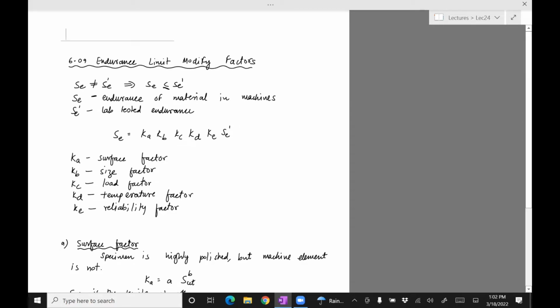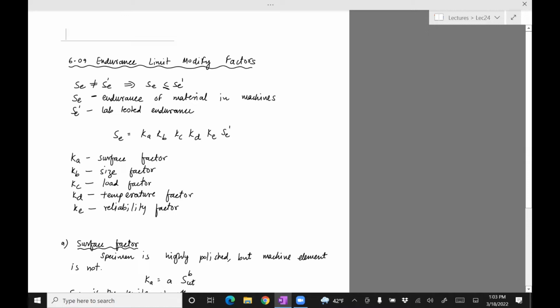I said earlier that the endurance factor Se is not the same as Se prime. Se prime is the one which you compute when you do this experiment in the lab. So it's nicely finished, and the operating temperature is controlled.